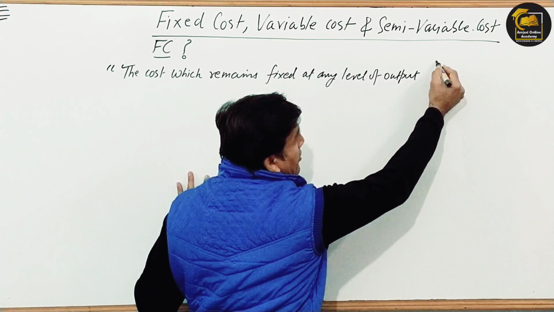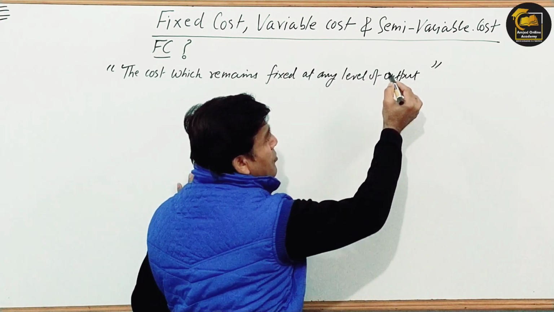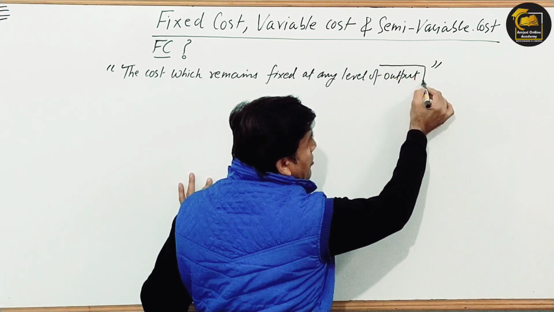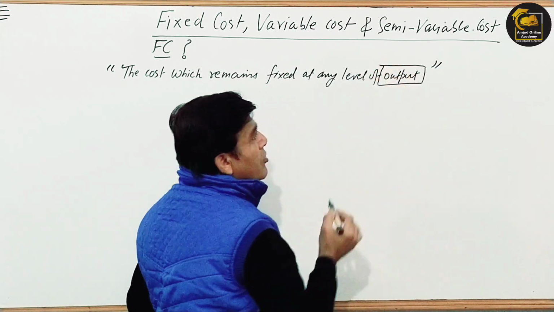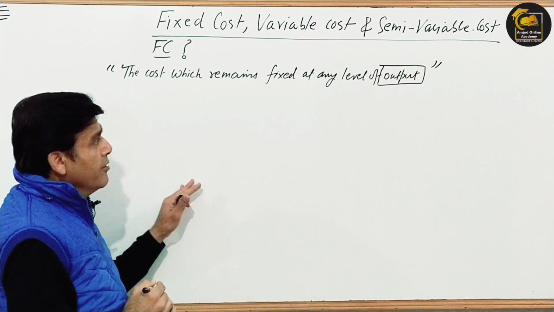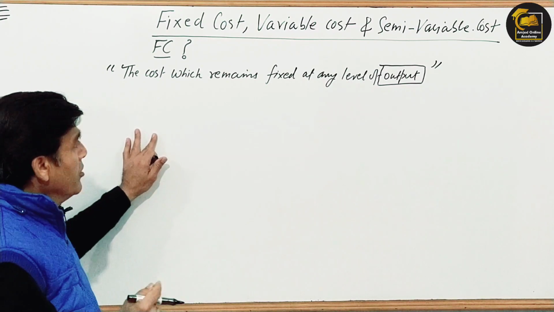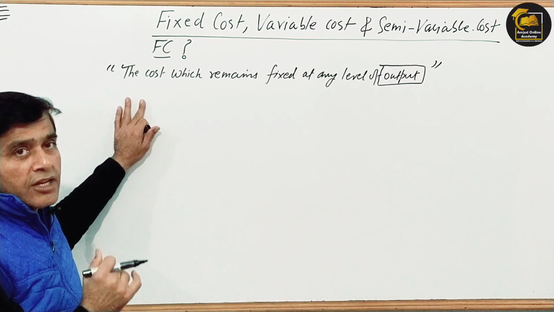One connotation is there. So the first word to be emphasized here, if we go into detail, is that first you should know the meaning of the output here, right? We are talking about the production output, what you are producing actually.